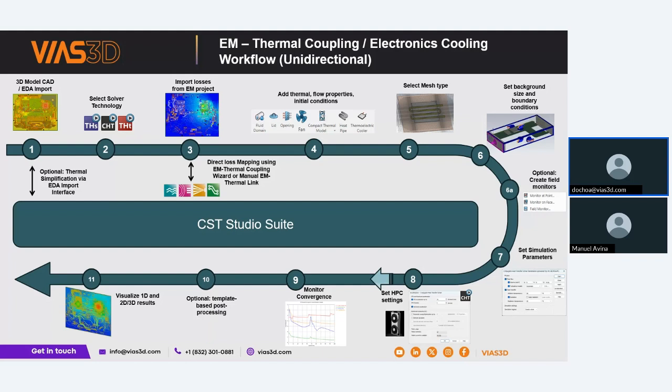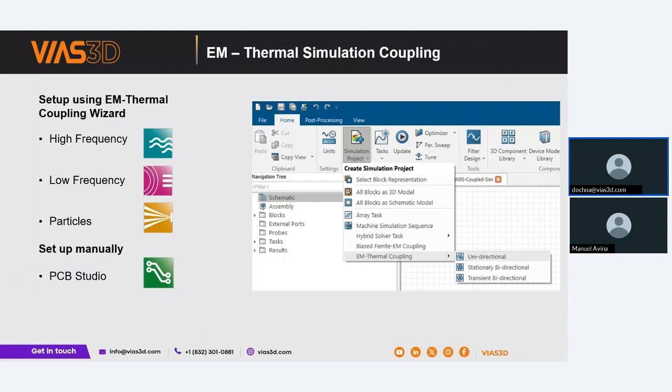And after that, it's just running the simulation, checking the results, doing post-processing if needed, using any of the template post-processing that we have, and visualizing the results, either 1D, 2D, or 3D results. Those are the typical steps that we follow every time we want to do a coupling simulation between electromagnetic and thermal.